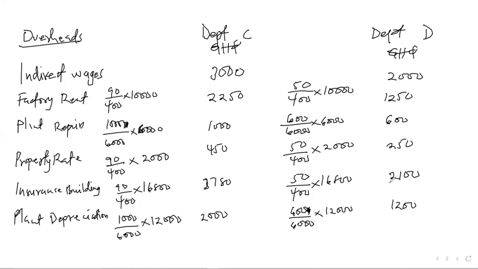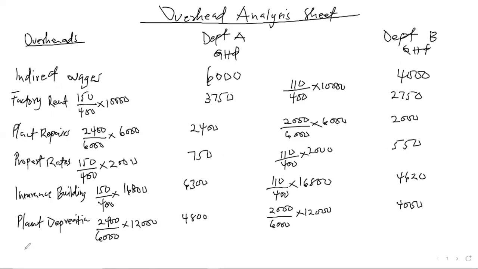And the last, sorry, we have power, so that is the penultimate, which is power. With the power, it is obvious that you are going to use the horsepower as the basis for apportionment for power, the cost of power.